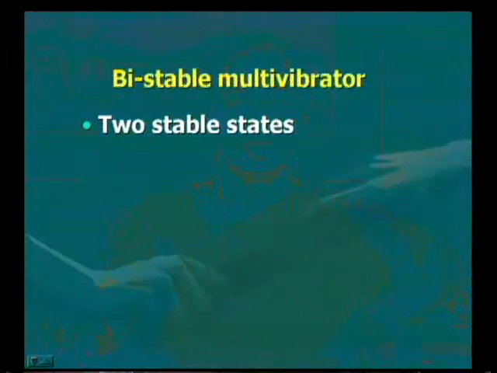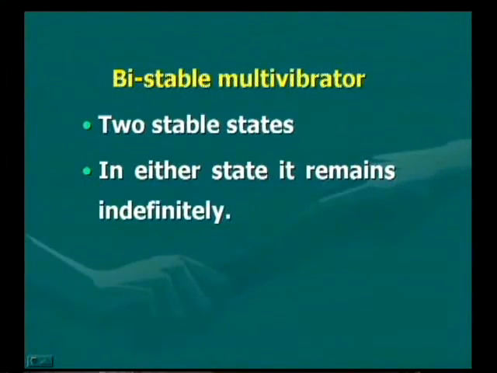Thereby we can conclude that a bistable multivibrator is an electronic circuit which has two stable states. We name them stable states because in each state it can remain; if we don't disturb it, it will continue in the same state.